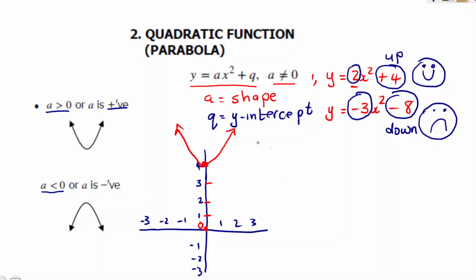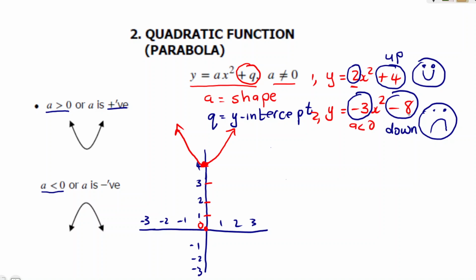It means that it is lifted upward if the q is positive. But if the q is negative, that means that it was shifted downwards. For example, look at this second equation. If you look at this parabola here, it means that number 1, a is negative, so that means that it is a sad face.